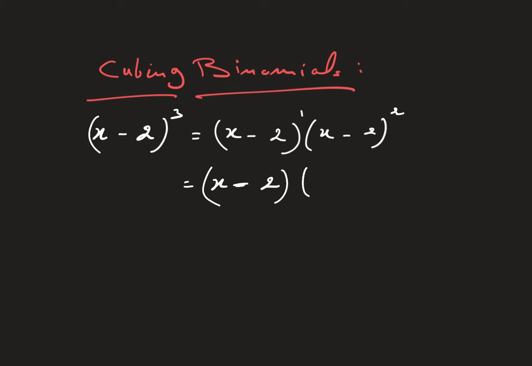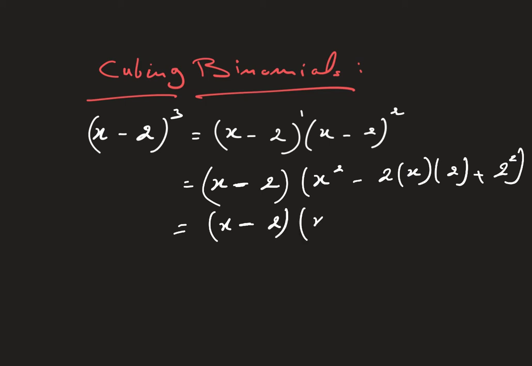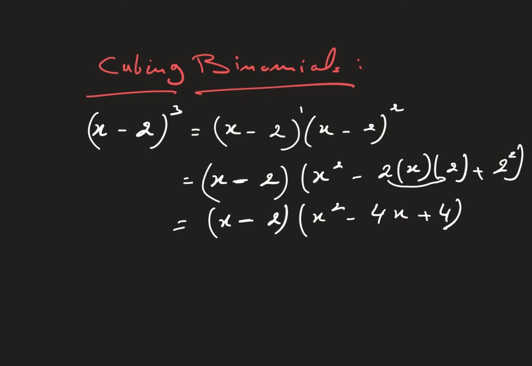So this is going to be x squared minus 2 times x times 2 plus b squared, which is plus 2 squared. So we're going to continue on this one here. We're going to have x minus 2 times x squared minus, well, 2 times 2 is 4, and that will be 4x plus 4, right?